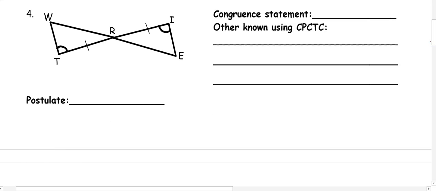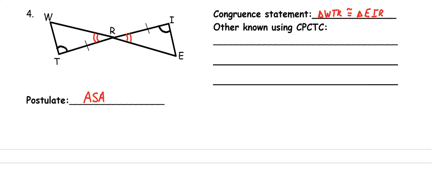Number 4, looking at the triangle, we can also mark again vertical angles because it's a bow tie problem. This time we have angle side angle because the side is touching both angles. So we have triangle WTR is congruent to triangle EIR.